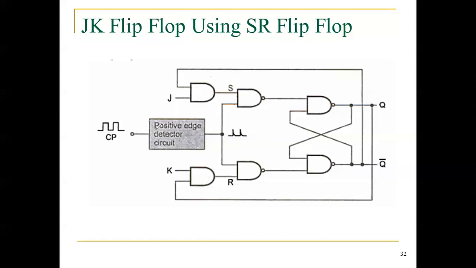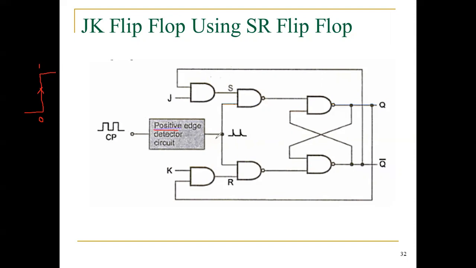Positive edge triggering. You know what is meant by positive edge triggering. Positive edge triggering means the level increasing from 0 to 1. The transition from the 0 level to the 1 level is called positive edge triggering.